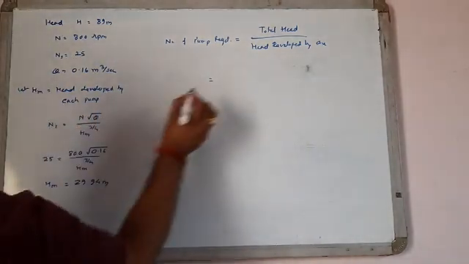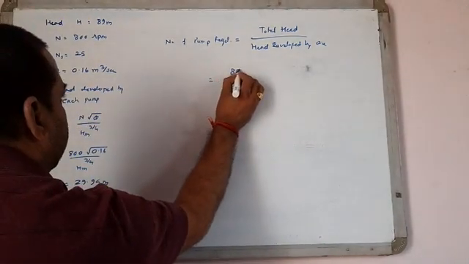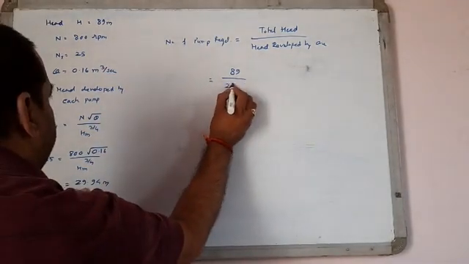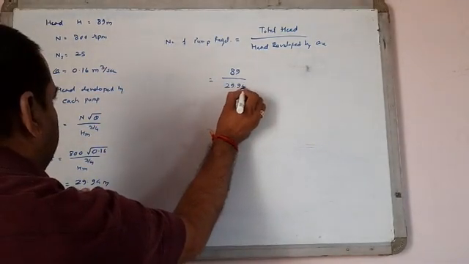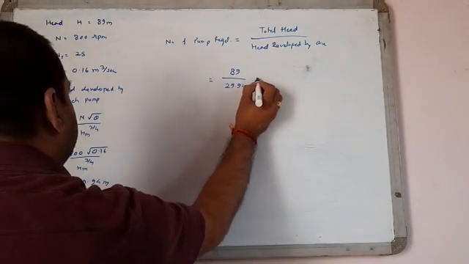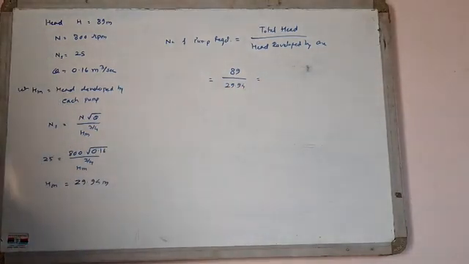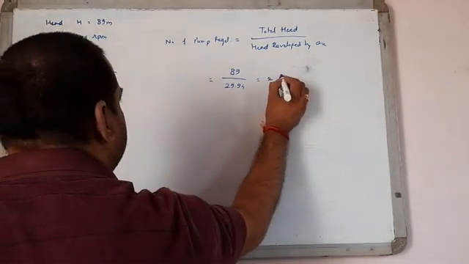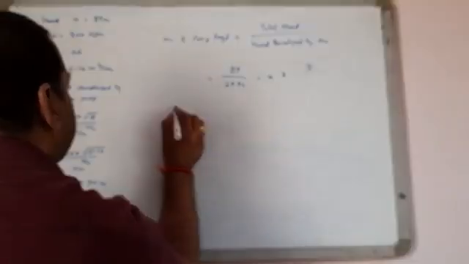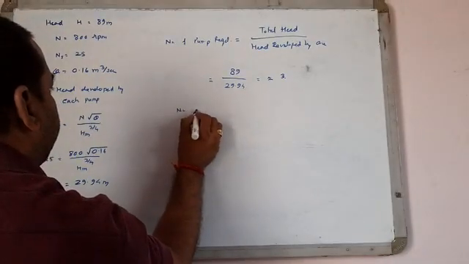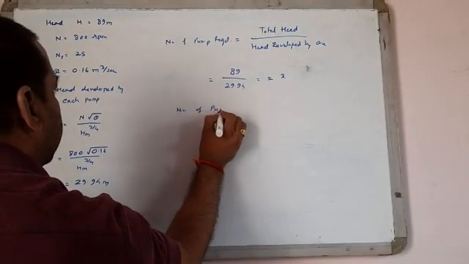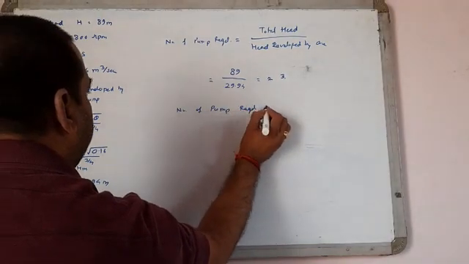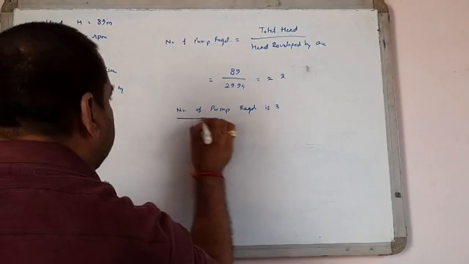So total head is 89 meter and head developed by 1 pump is 29.94. So the value comes around 3. So number of pump required is 3.